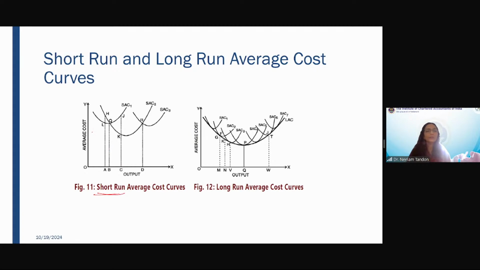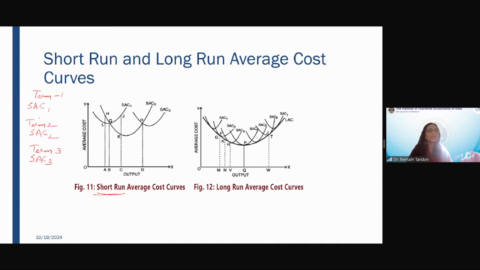Now in the short term, you see that it has three short terms. Term one is depicted by SAC 1. Term 2 is depicted by SAC 2. And term 3 is depicted by SAC 3.